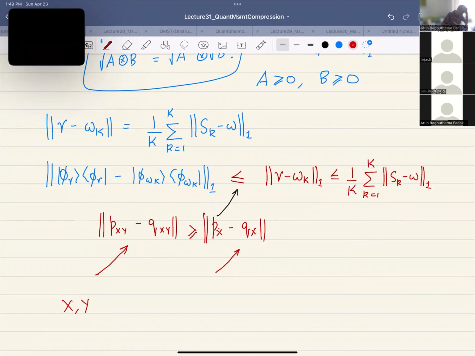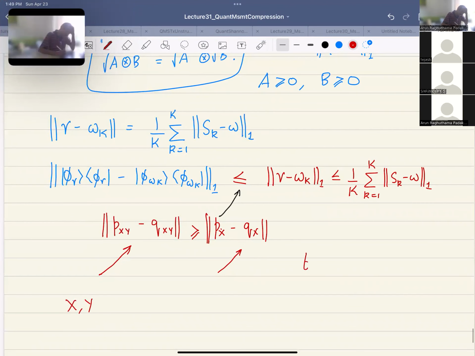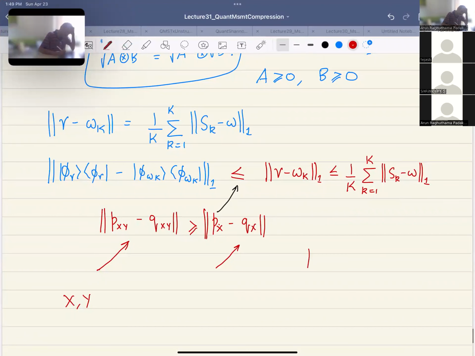Also, remember that partial trace. If I have two states alpha and beta, and I have a CPTP map E, then E of alpha minus E of beta is less than or equal to alpha minus beta. Partial trace is actually a CPTP map. You did this in chapter 9.